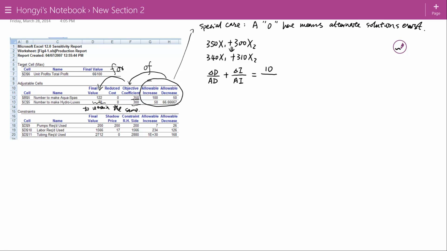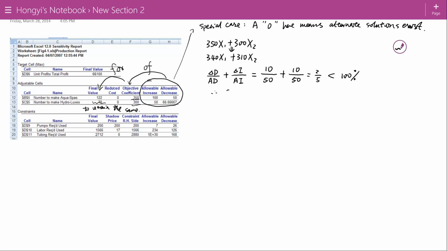The allowable decrease is here, 50. So 10 divided by 50, plus, in this case it's an increase of 10 units divided by the allowable increase, which is again 50. That is less than 100%.